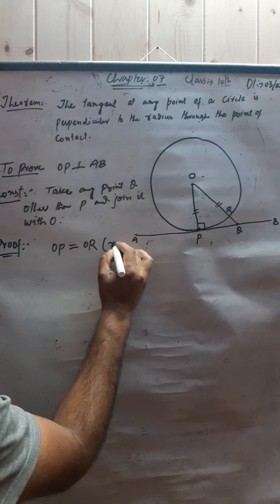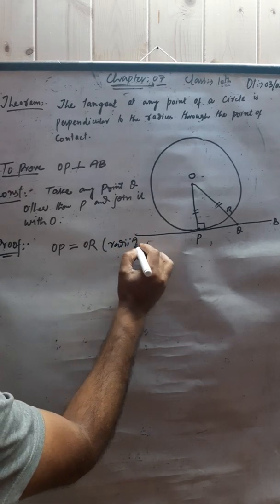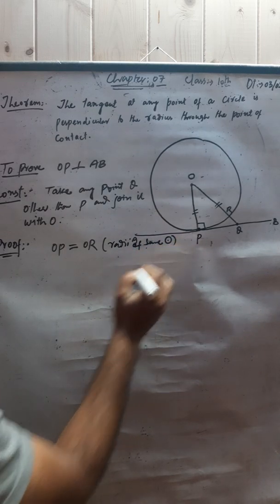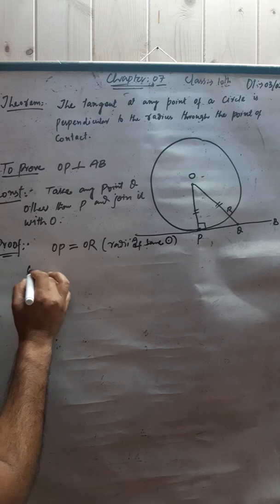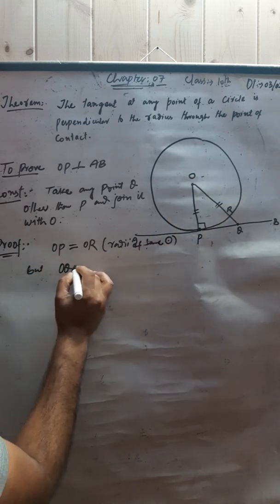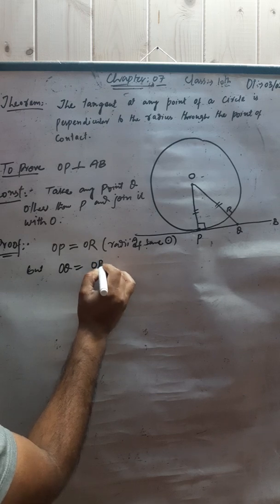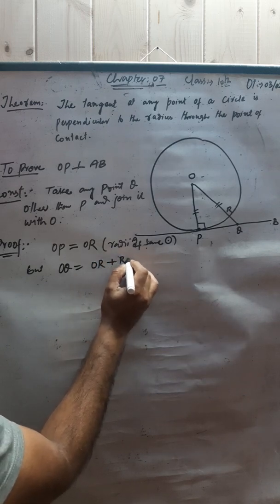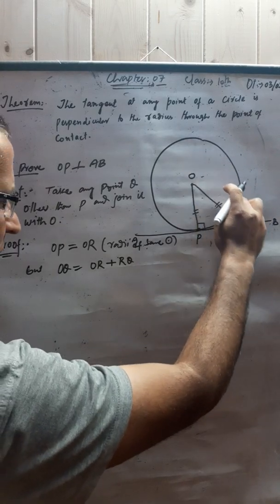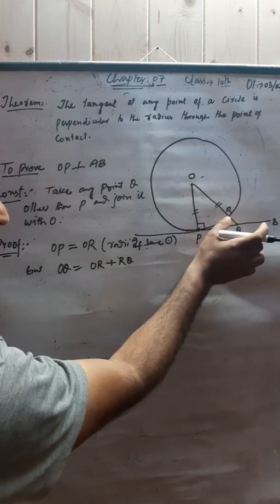So we will write: radii of same circle. But OQ line segment is equal to OR plus RQ.